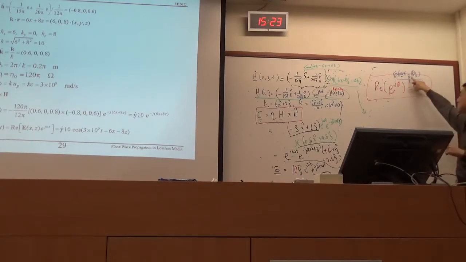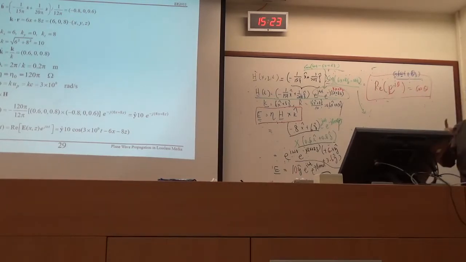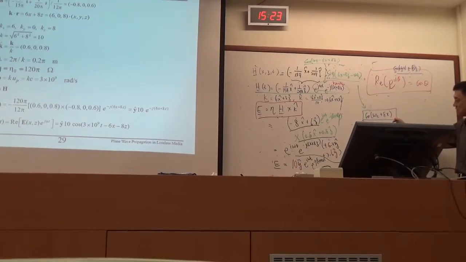So these three conditions must be met. Okay, sorry, this one not necessarily a minus sign. What happens if this is a plus sign? Let's say it is cosine omega t plus 8x. What does it mean? The phasor form is e to the j omega t times e to the plus j 8x.